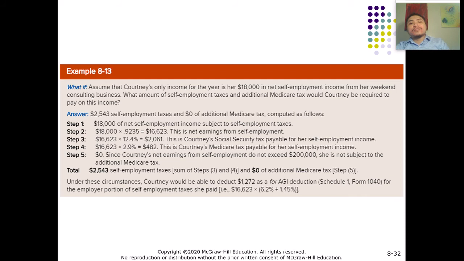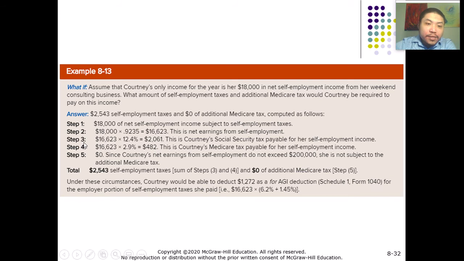That gives us the net earnings from self-employment, the base we're going to use to calculate the FICA taxes. So we have $80,000 times 0.9235, and that gives us $73,880. Now we have the base to calculate our FICA taxes.